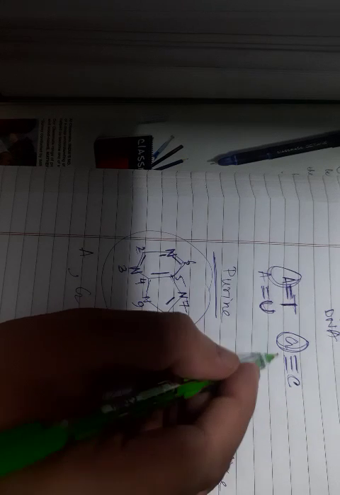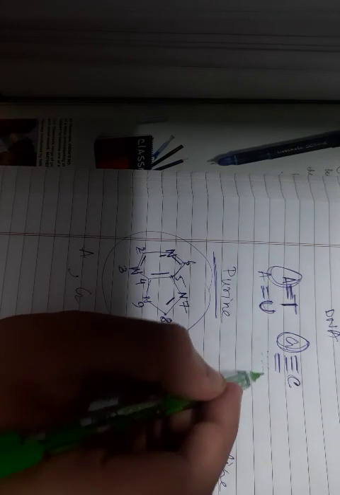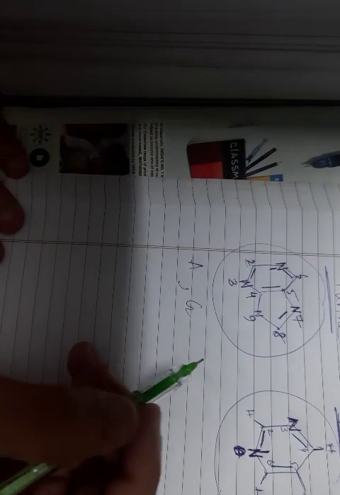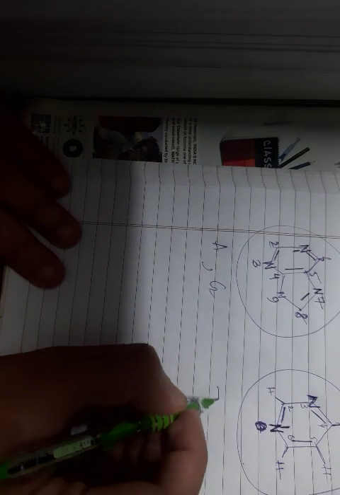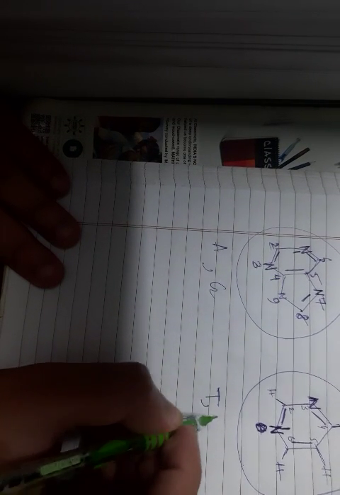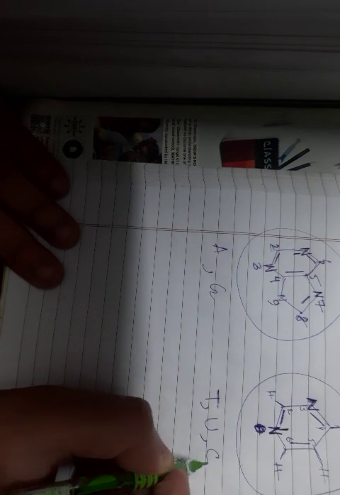Actually, hydrogen bonds are not shown as straight lines. I just showed that for the sake of showing you. That is actually not the right thing. And pyrimidine, out here it is T, U, and C.